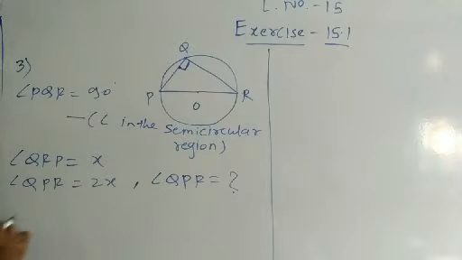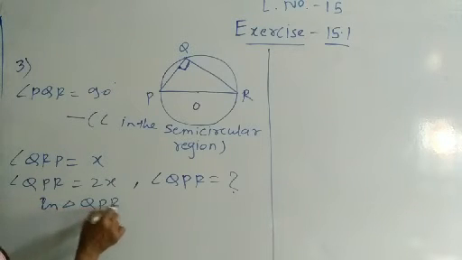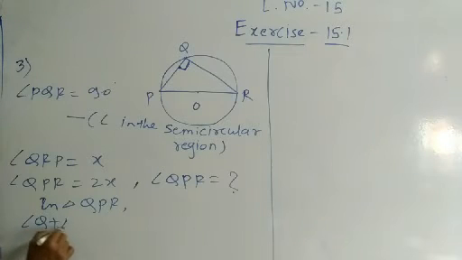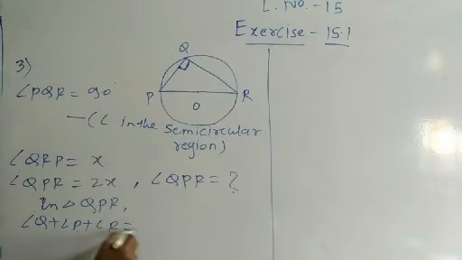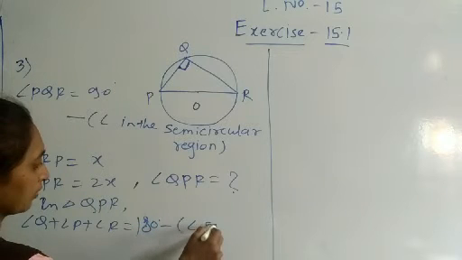Now we consider triangle QPR. Angle Q plus angle P plus angle R is equal to what? 180 degrees, by the angle sum property.